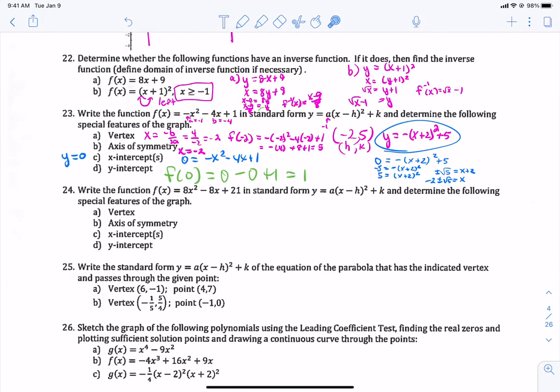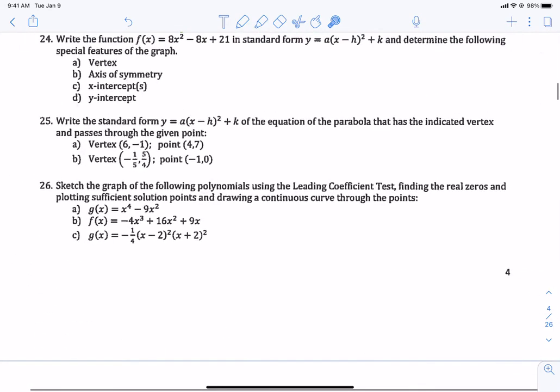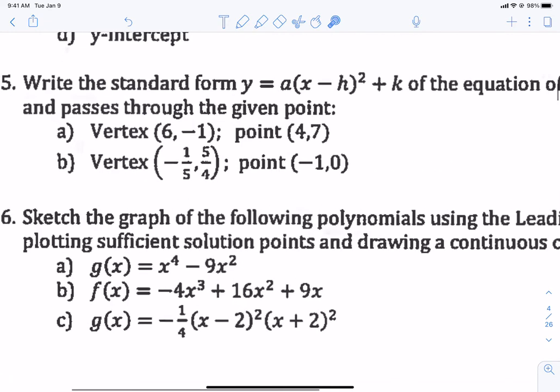I want to do 25, just part A. It says, write the standard form of a parabola with the indicated vertex and point. So we know the h and k. So that's what this is right here. So we know that our h, k, is 6, negative 1.